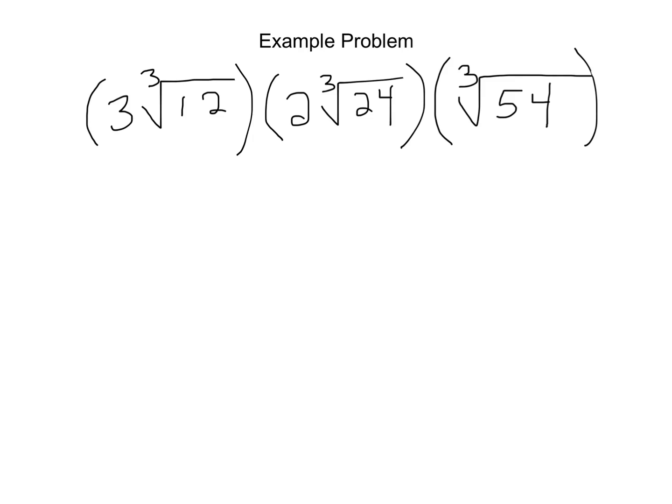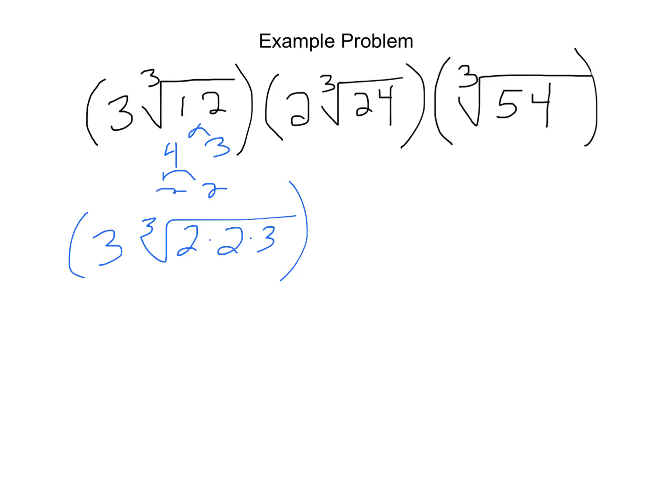Alright, so for our example, the first thing we're going to do, as we use our steps, is break down the radicals. So let's start. 12 we know is 4 and 3. 4 breaks down as 2 times 2. So I have 3 cube roots of 2 times 2 times 3. 24 I know is 8 and 3, and if you've watched my videos before, a shortcut for breaking down 8 is 3 2s.